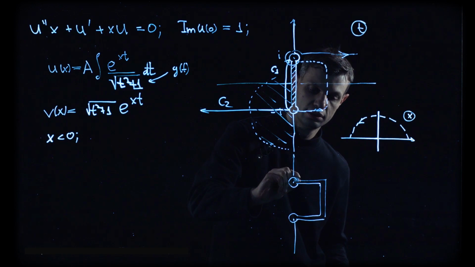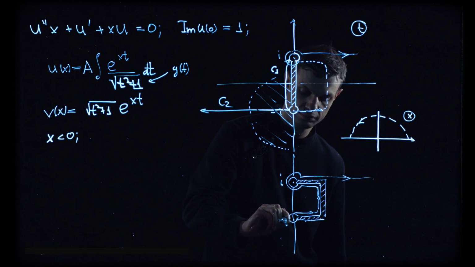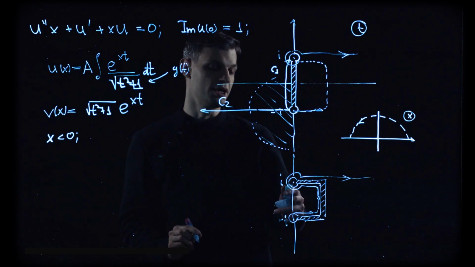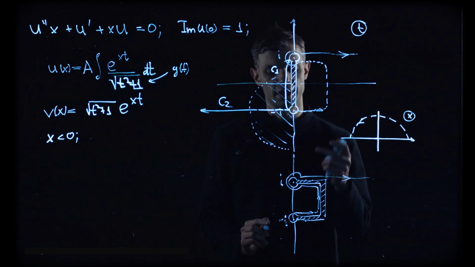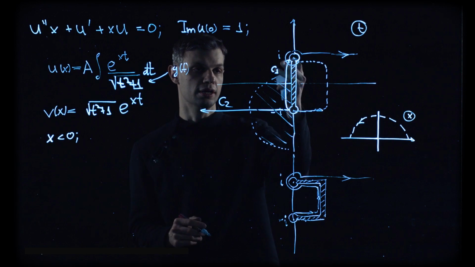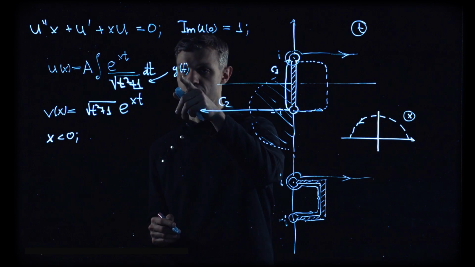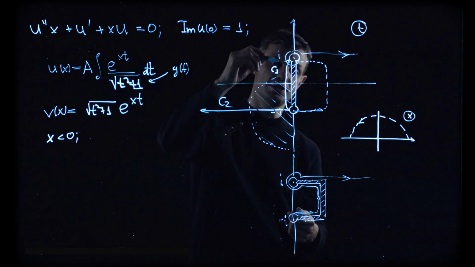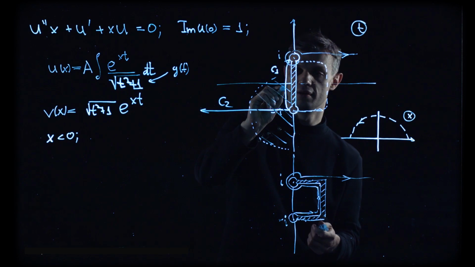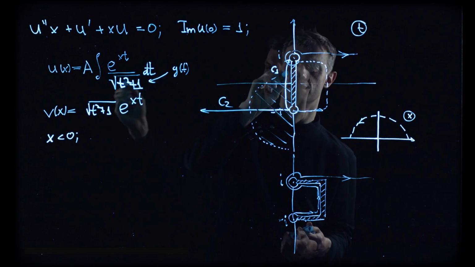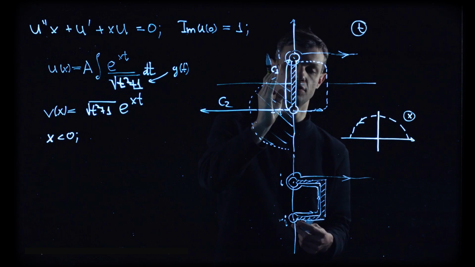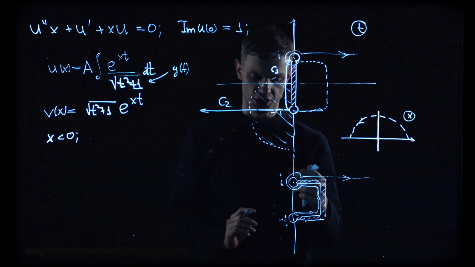But of course, when you bend the branch cut, you still have to keep in mind your initial condition for the definition of the g of t function. It is positive when the complex t is to the left of this initial position of the branch cut.